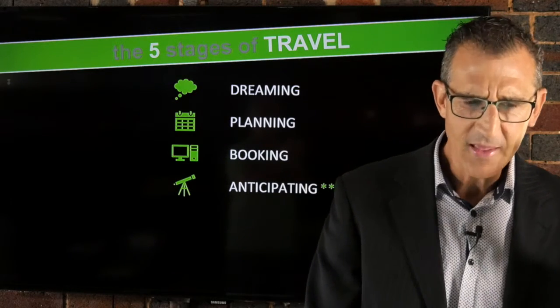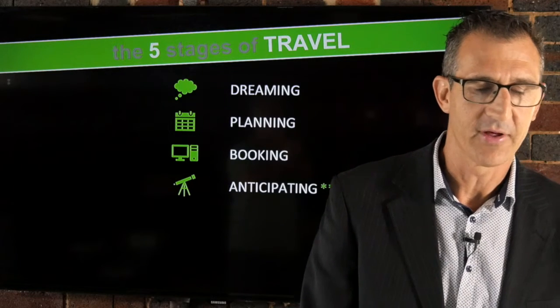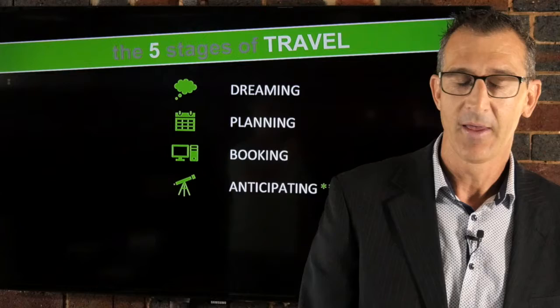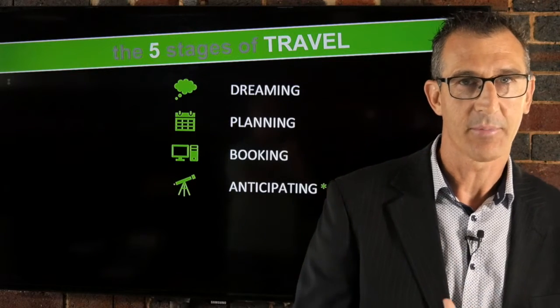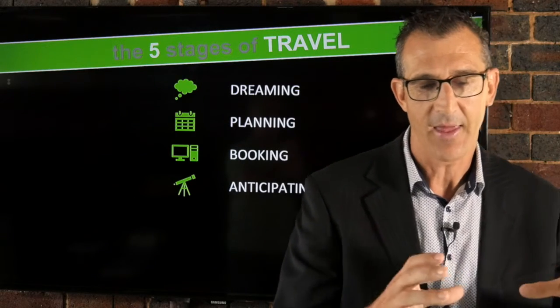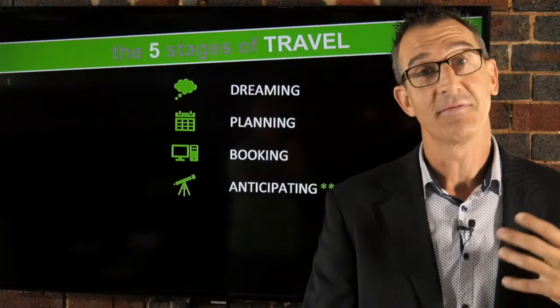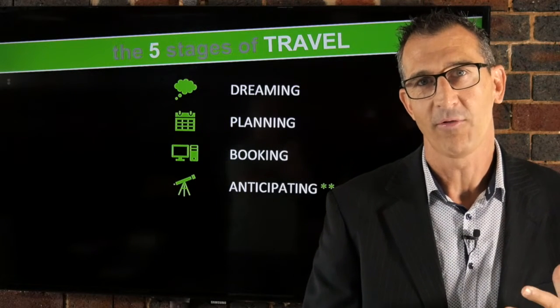We've inserted, and you can see the asterisks there, an additional stage here, which we call anticipating. If you read through the content that pairs with this module, it will give you our full explanation there. But anticipating is a very important part of the process.